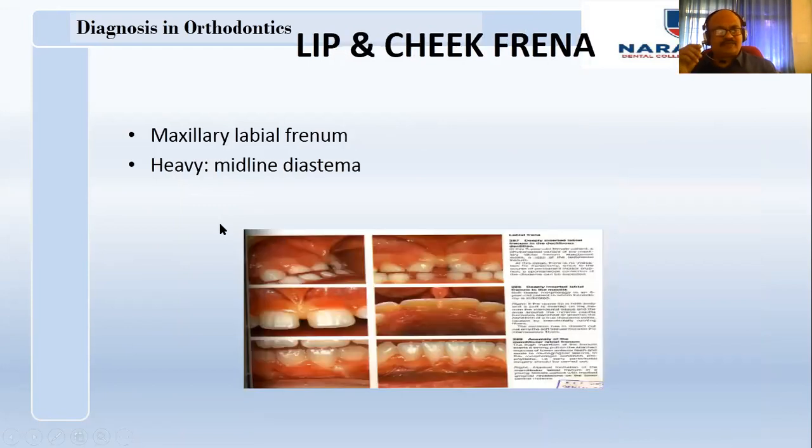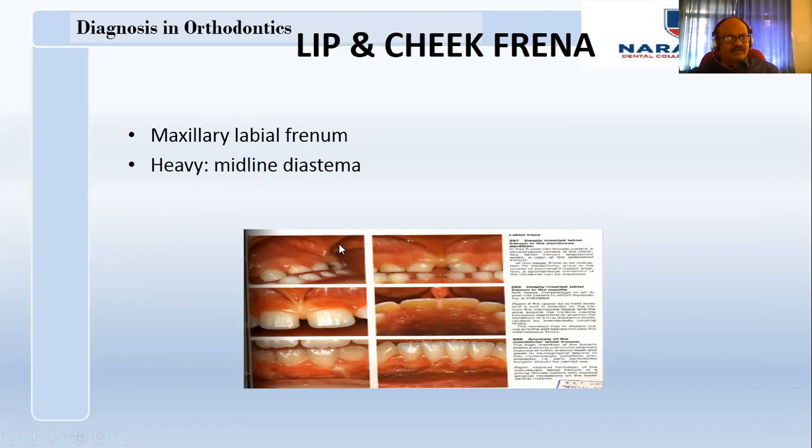Labial and buccal frena are very important. You have to see mainly the upper labial frenum. A heavy frenum with fibrous thickening may give rise to what is called midline diastema, or spacing between the anterior teeth, which is a common condition many patients report to us. How do you check it?